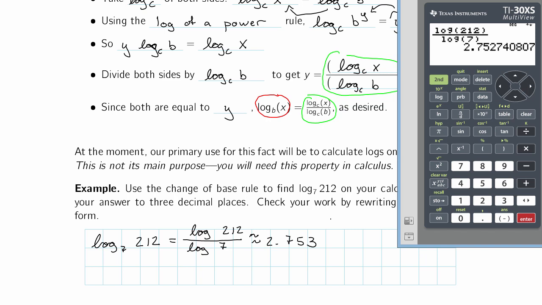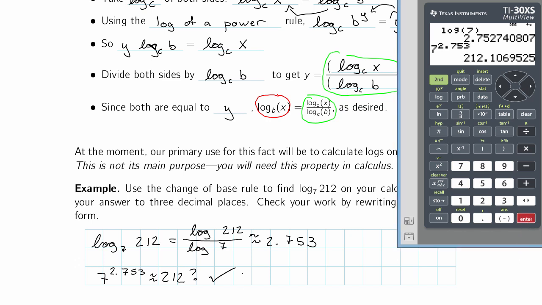And we can actually check that by rewriting in exponential form. If this is true, then if we take 7 to the power 2.753, is that about equal to 212? Let's try it. 7 to the power 2.753.